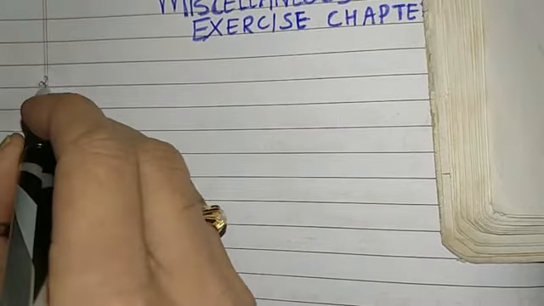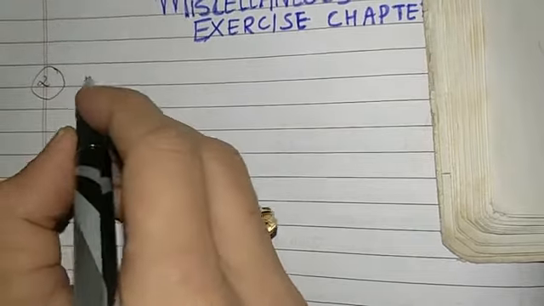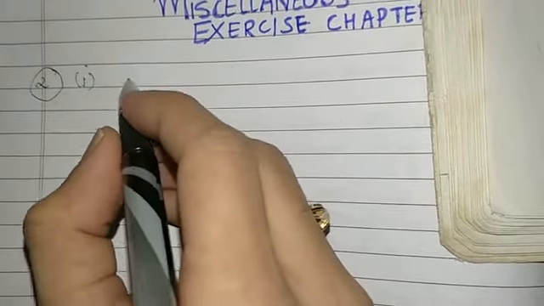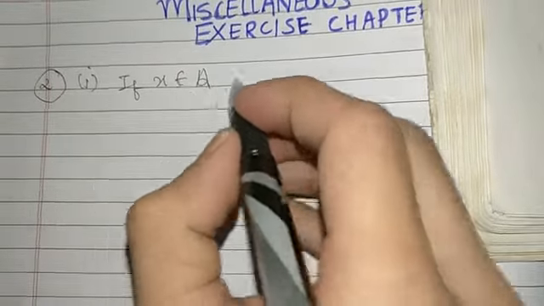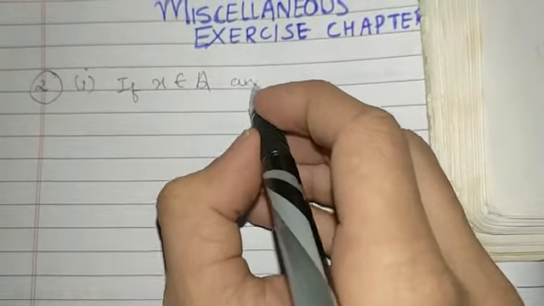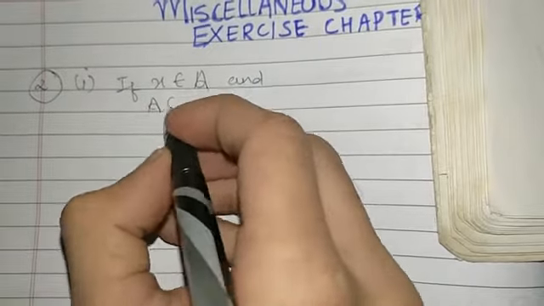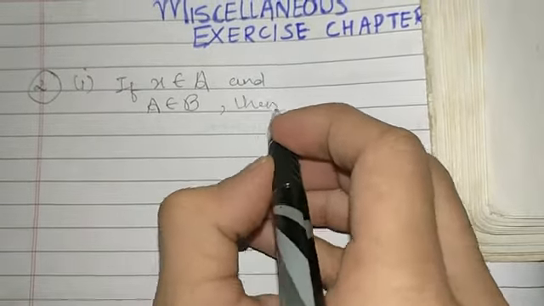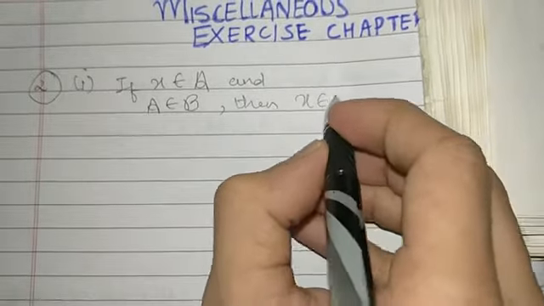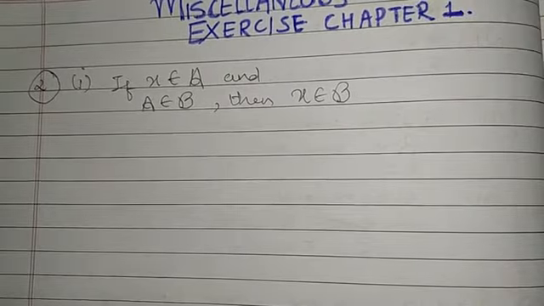So, the first problem is: if x belongs to A and A belongs to B, then x belongs to B. This is the statement which is given to you.